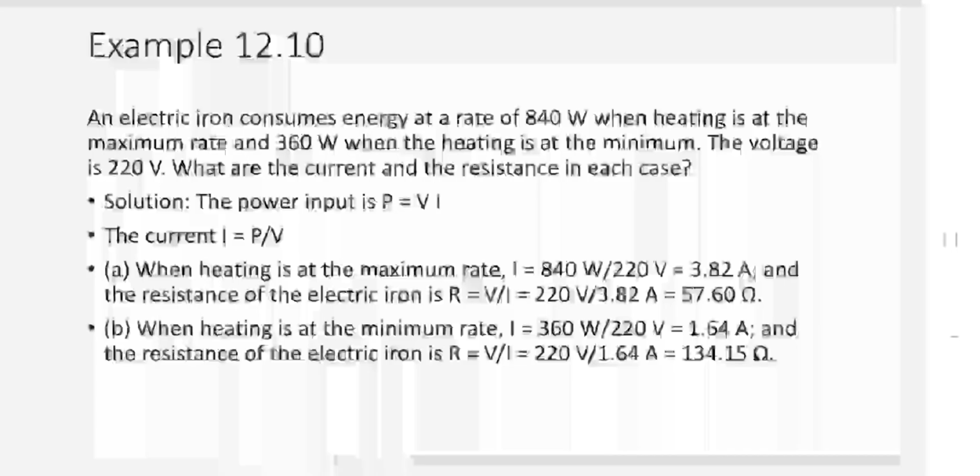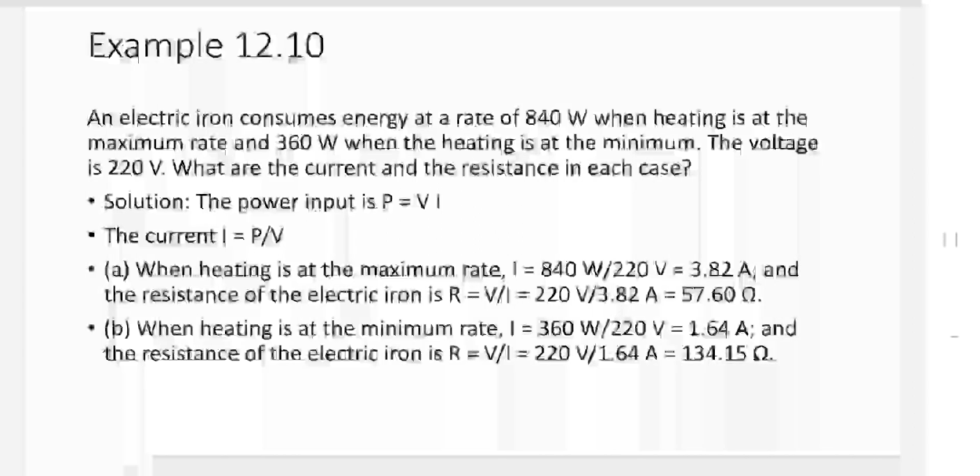An electric iron consumes energy at a rate of 840 watt when heating is at the maximum rate and 360 watt when the heating is at the minimum. The voltage is 220 volt. What are the current and resistance in each case?